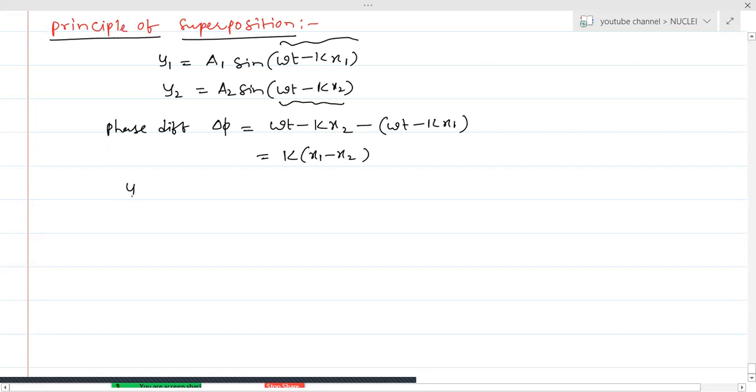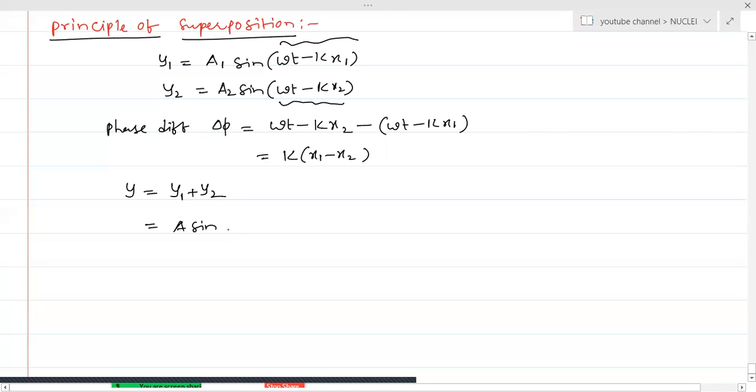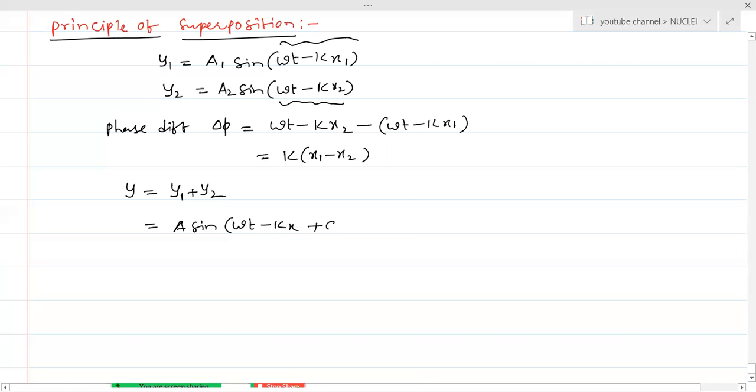So when we think of the principle of superposition, the resultant wave can be expressed as y equivalent to y1 plus y2. When we take that, we will get y equivalent to A sine omega t minus kx plus phi. Already we have calculated the phase difference phi, so we need to think of the amplitude.